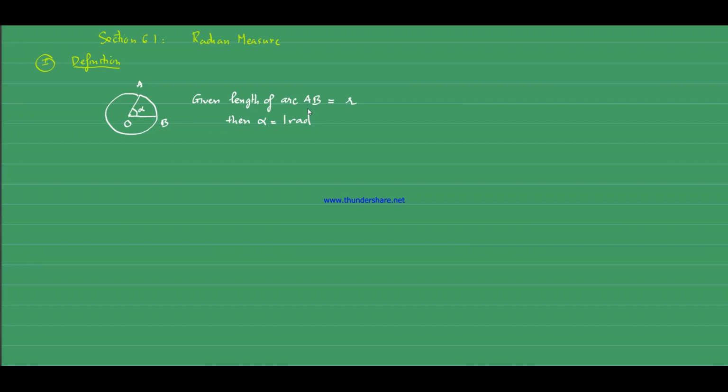It doesn't matter how long the arc length is or how big the radius is. If the length of the arc and the length of the radius are equal to each other, then that central angle will be 1 radian.